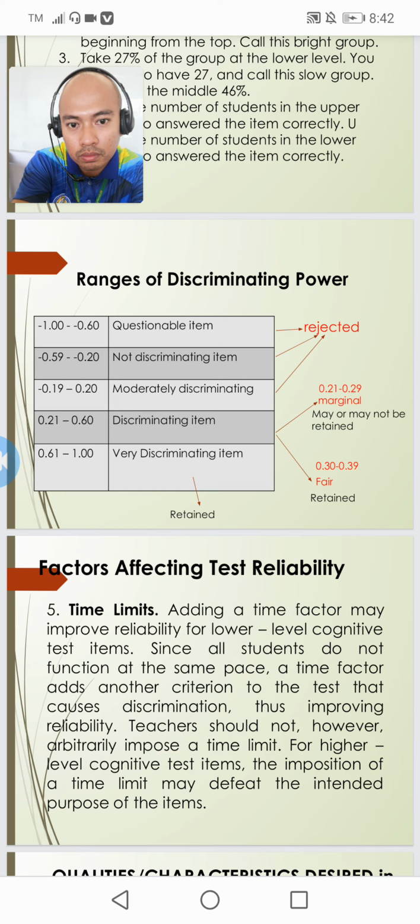Okay, so if I am the test constructor and I found out that the discriminating power of that item is 0.29, so ang gagawin ko lang ngayon is to retain it. Sayang naman yung item na ginawa ko. Okay, pero as what I'm saying a while back, if I have extra items that could represent that competency, I'll just automatically reject it.